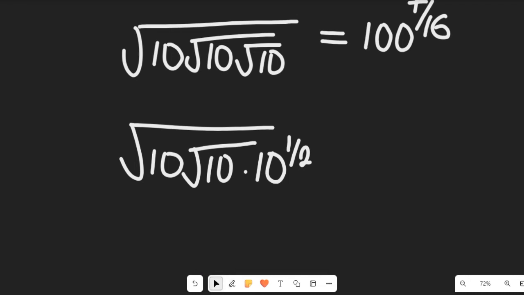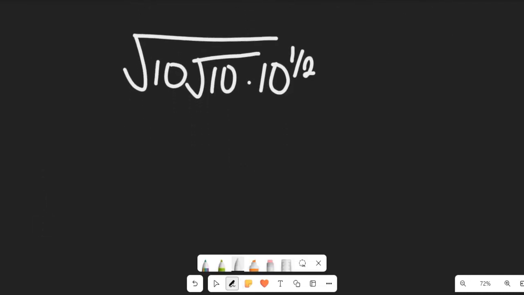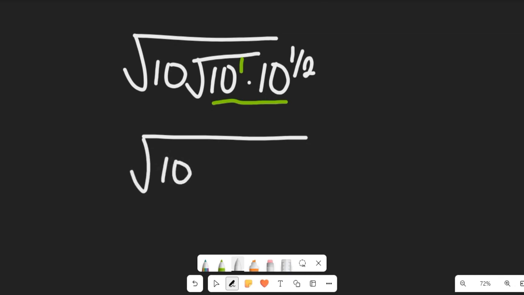Now, from this expression, we can apply the law of indices, because this can be 10 to the power of 1. So, according to the law of indices, that expression will now give us 10 multiplied by the square root of 10 to the power of 1 plus 1 divided by 2, right?